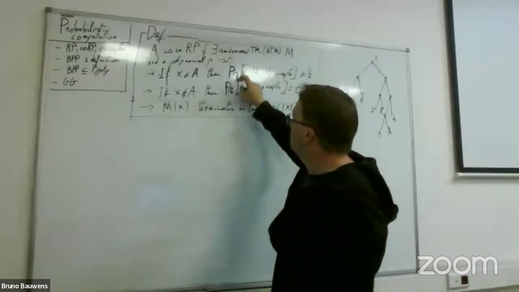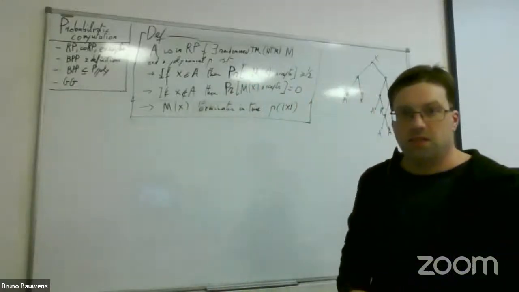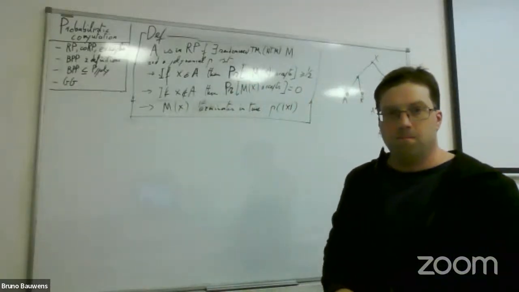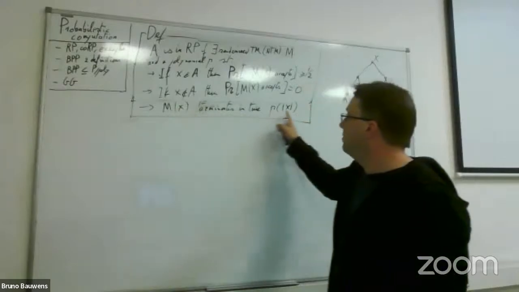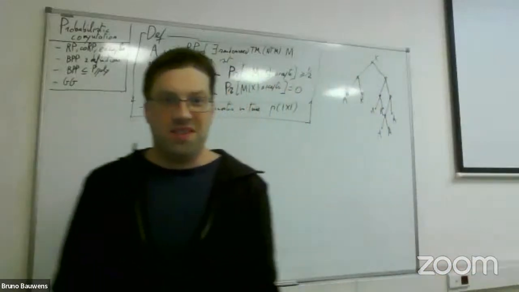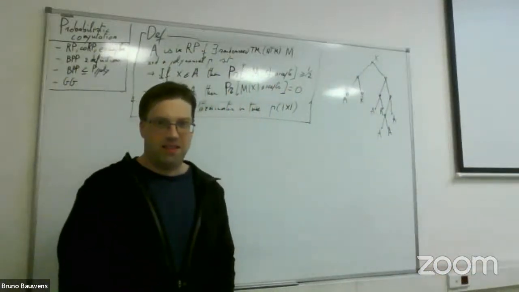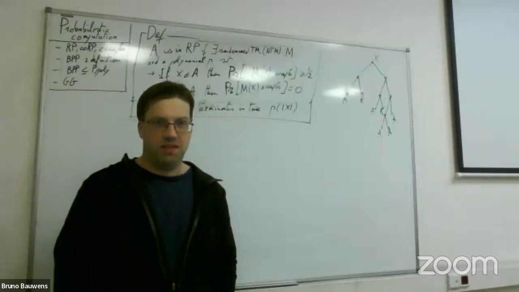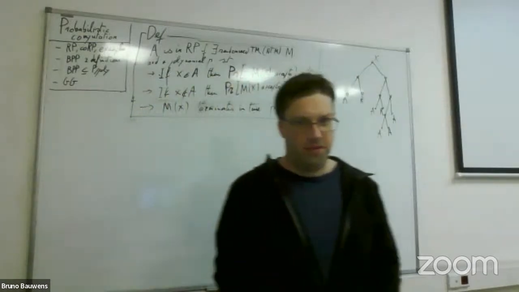And this probability is over the choice of transition tables. And where do we need that polynomial? Because the machine should run in polynomial time. Otherwise, almost every class would be in BPP, in RP.